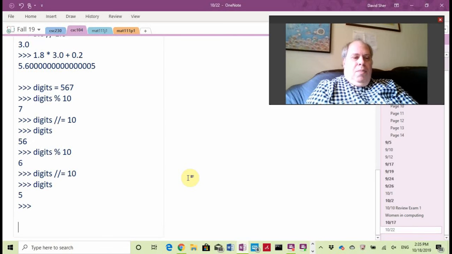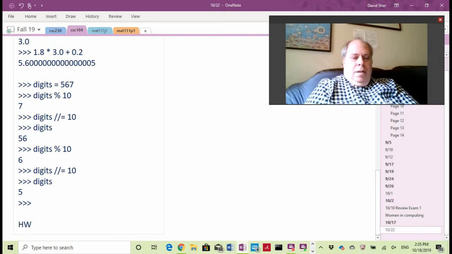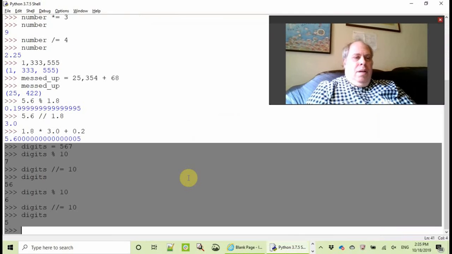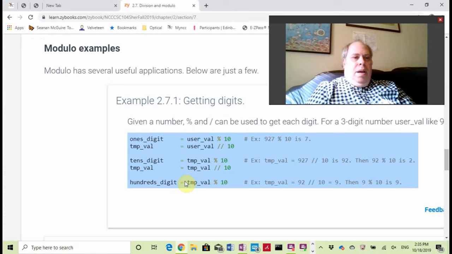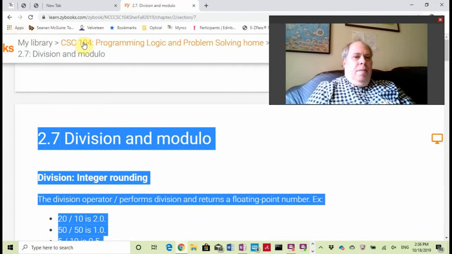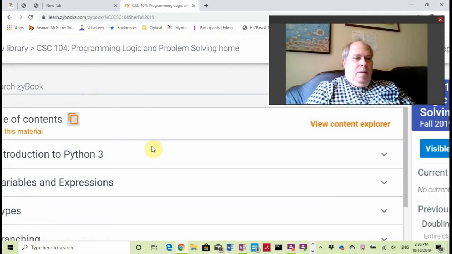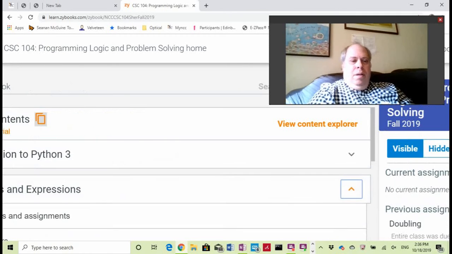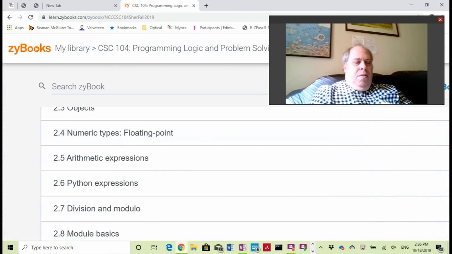Okay, and I'll give you a little homework. We're going to read, and this is just the book, from chapter 2.